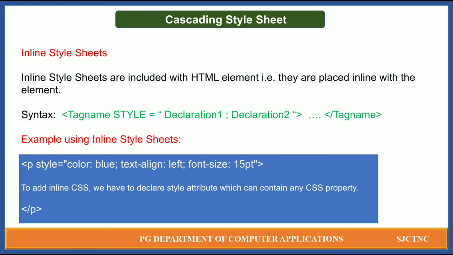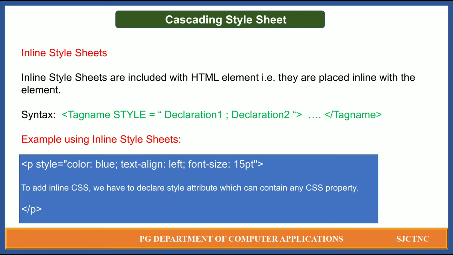For example, here we can see a paragraph tag p style equal to color blue, text align left, font size 15 points. Here within a tag itself we are mentioning the style. So it is called an inline style sheet.